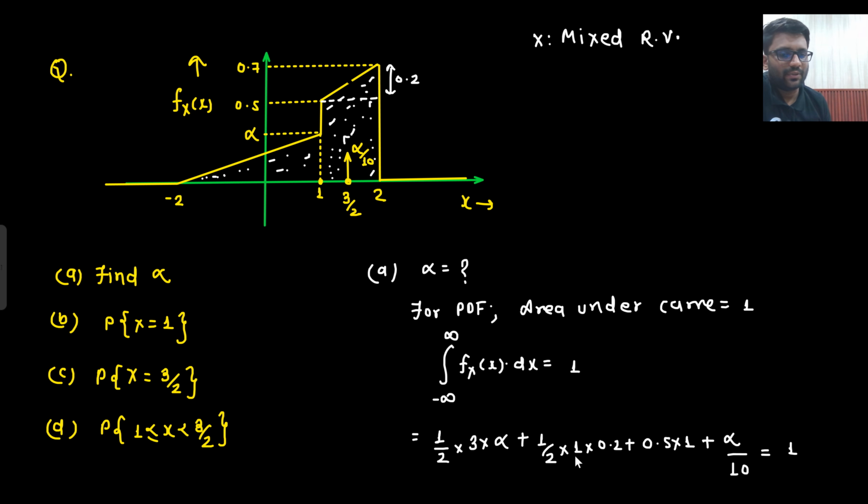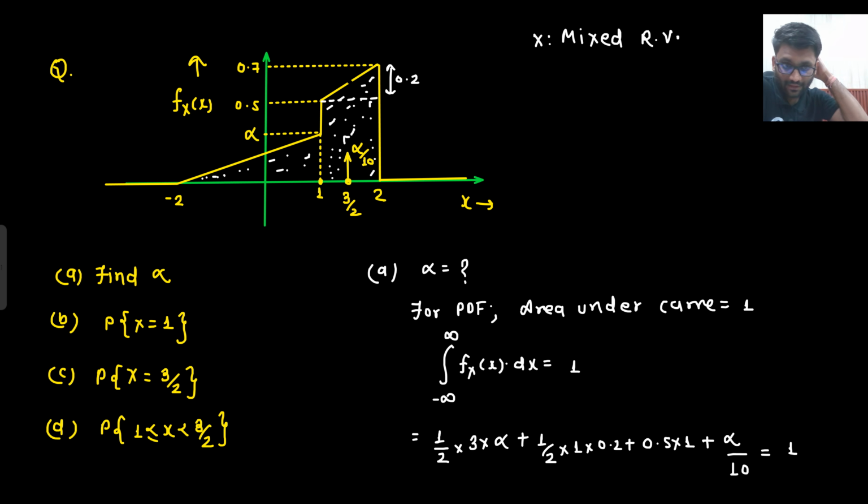Are you able to understand this point? So this is how I need to write it down. I could have applied this formula as well, half into the addition of parallel sides. The parallel sides would be these two sides, 0.5 plus 0.7, that would be 1.2, into the height, that would be 1. So you will get 0.6. In both cases you will get 0.6.